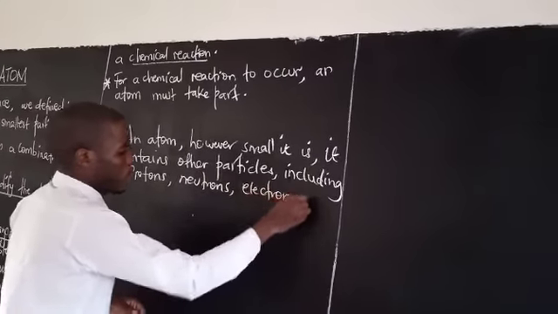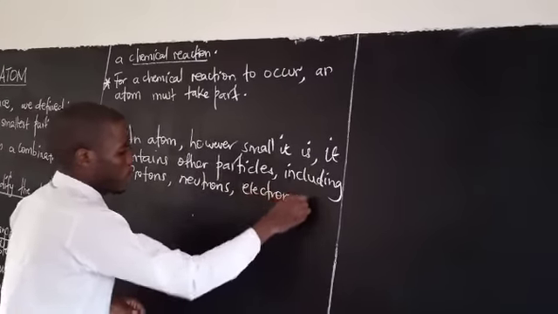Inside the nucleus, we always find protons. It might not be necessarily one, they might not be two, they might be 20, they might be even 50, and so on. In the same way, N will represent neutron, which is not always one or two, but there are many depending on the atom. And E to represent electron.